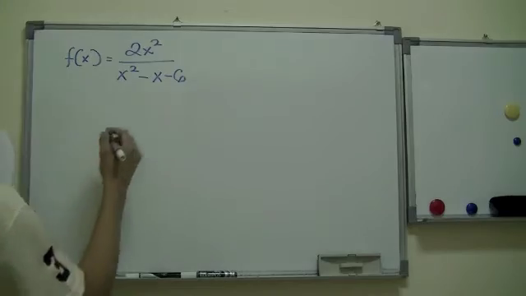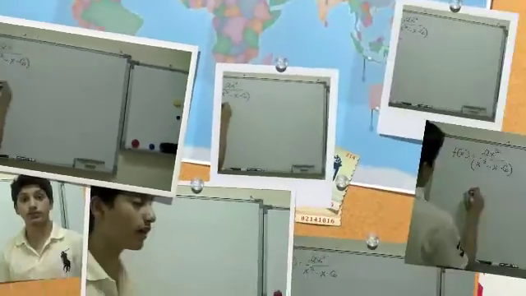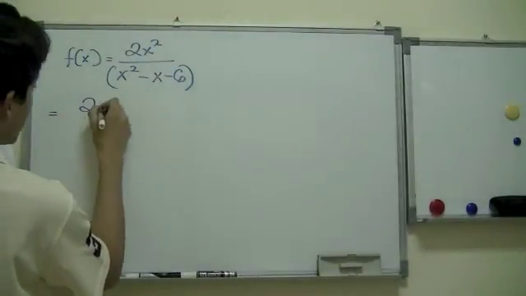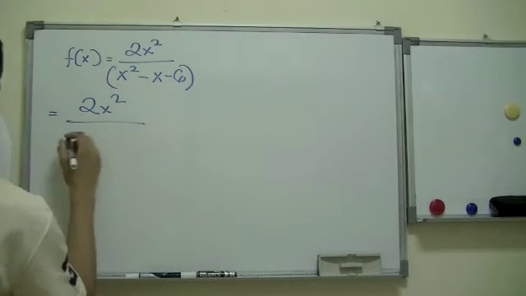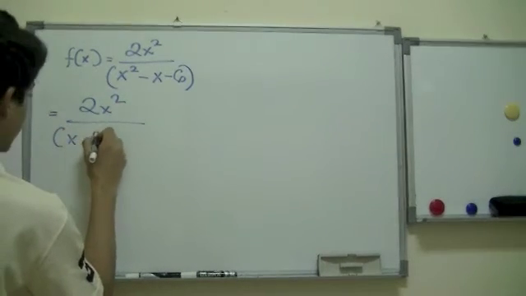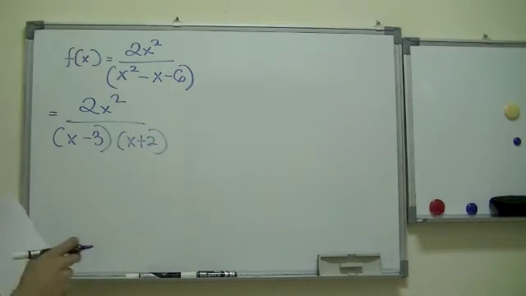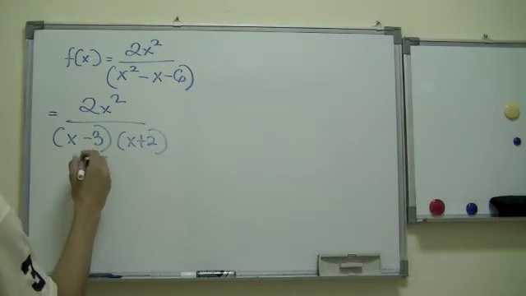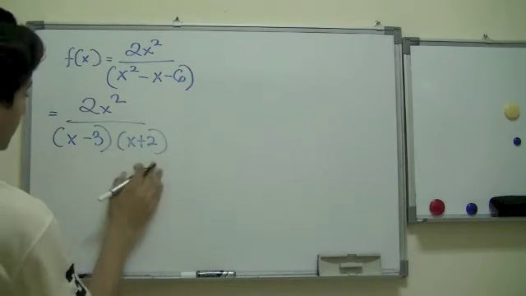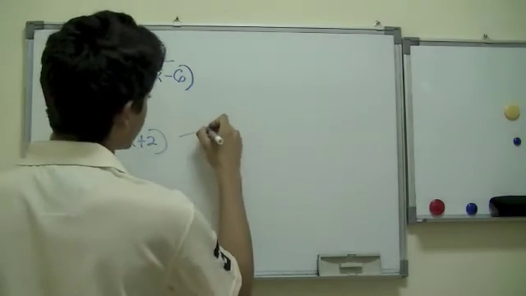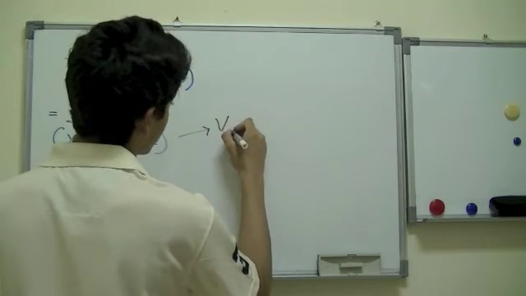So here you decompose the denominator, which gives 2x squared over (x minus 3)(x plus 2). Now what can x take on to make this give off its vertical asymptote?